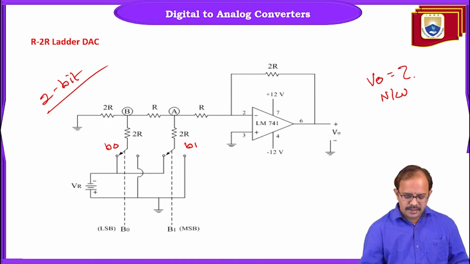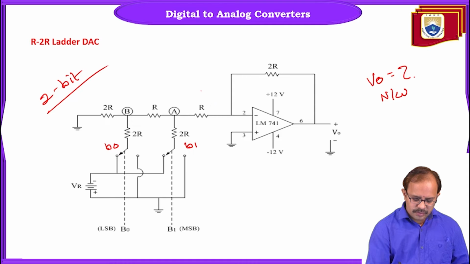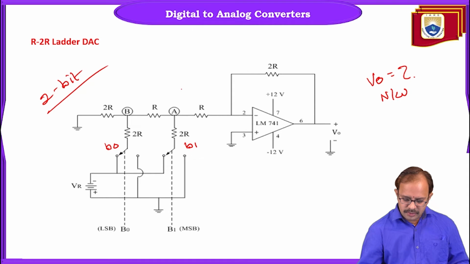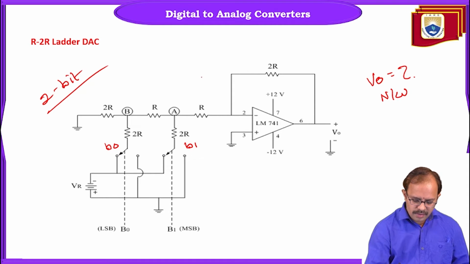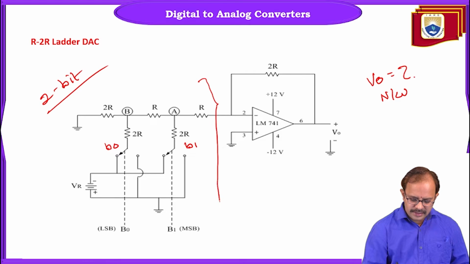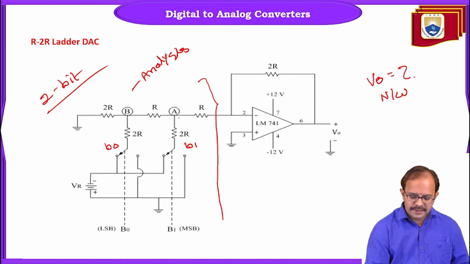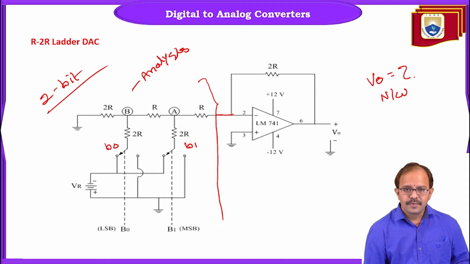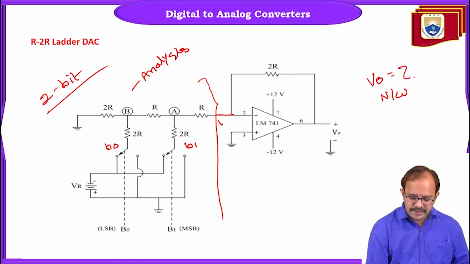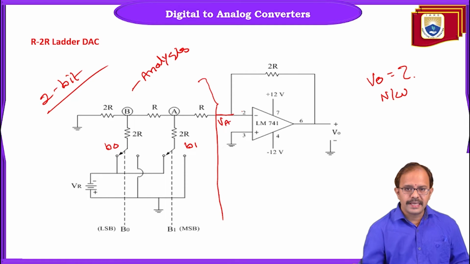So now let us analyze this network. We are going to consider this part for the analysis, and then determine the voltage across this node. Let us say this is applied to the inverting terminal of the op amp, and the voltage is represented by VA.